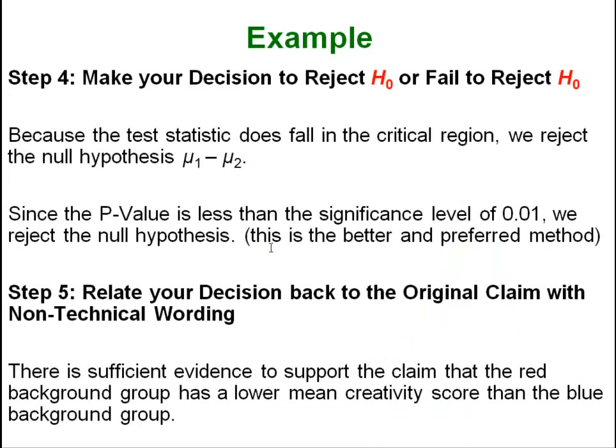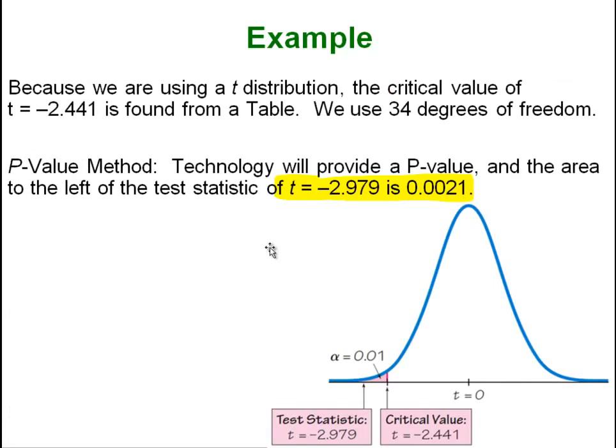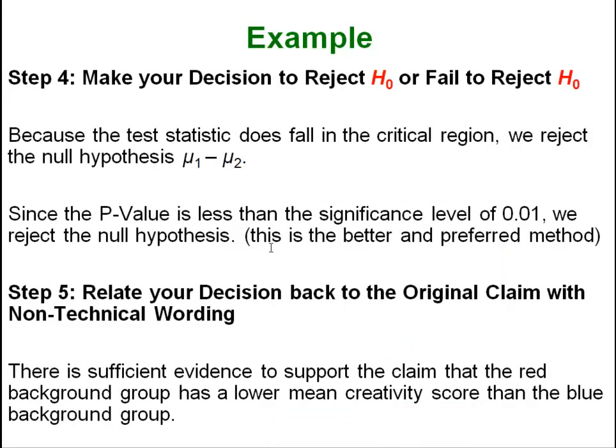Step 4 is we have to make our decision, because the test statistic does fall in the rejection region, right? We reject the null hypothesis, and the p-value gives us the same result because the p-value is less than the 0.01, right? It was 0.0021. So both methods will always give you the same result.